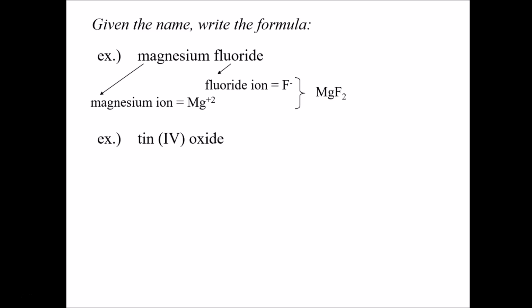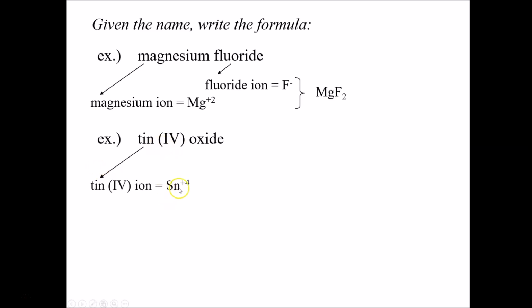Next one. First thing you got to do, what's the symbol for tin? So look up tin on the periodic table. Tin is Sn, right? Sn is the symbol for tin. What's the charge of the tin? Well, normally we wouldn't know, but it turns out they gave us a Roman numeral so that we know what tin's charge is. It must be positive 4, because that's the Roman numeral 4.